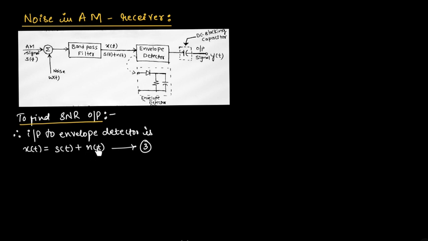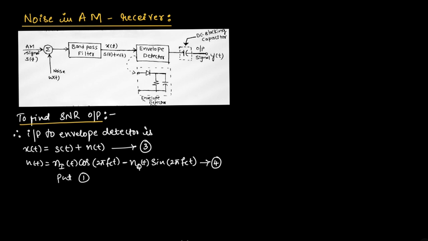Then here is the equation for n of t, the narrowband noise. Then we are going to substitute these two equations in the first equation, which is the equation of the AM modulated signal.